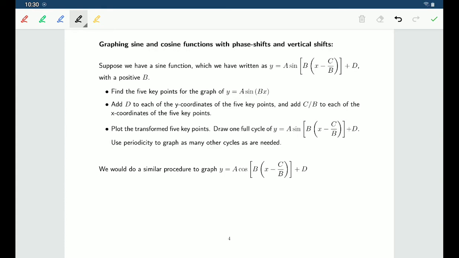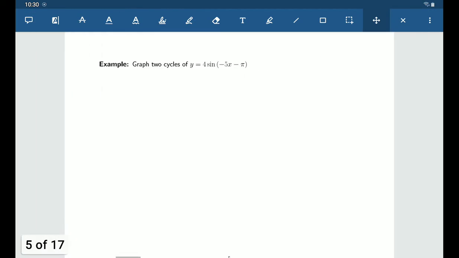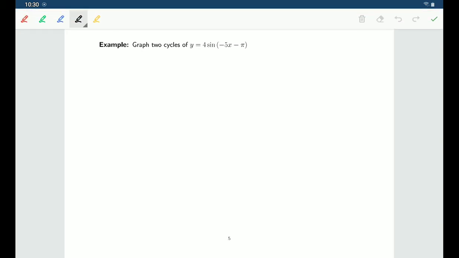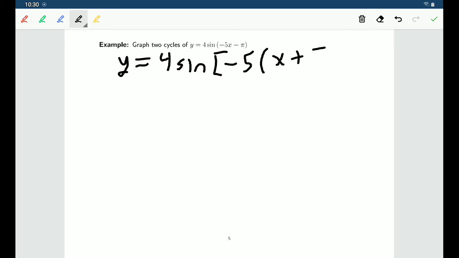Now, let us give an example. So we're looking to do 2 cycles of this sine graph, and for the first step, I'm going to rewrite my function. I would rewrite this as 4 sine of negative 5, and we'll factor that out, leaving x plus pi over 5.